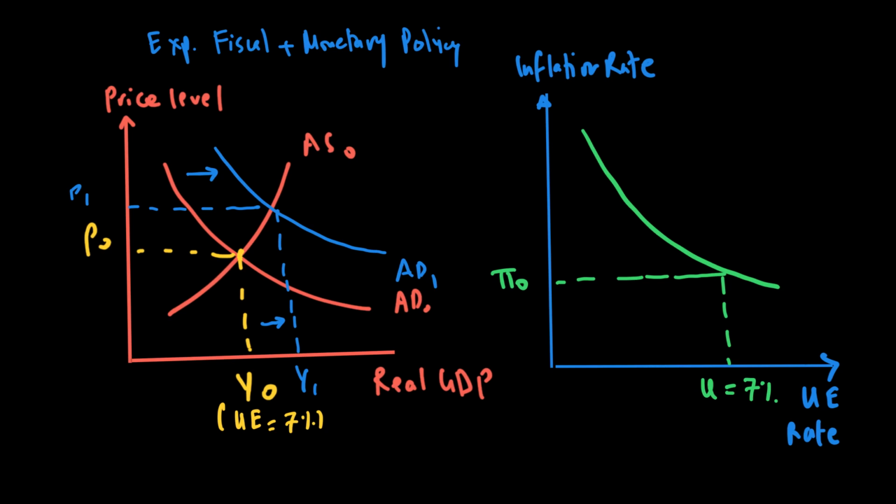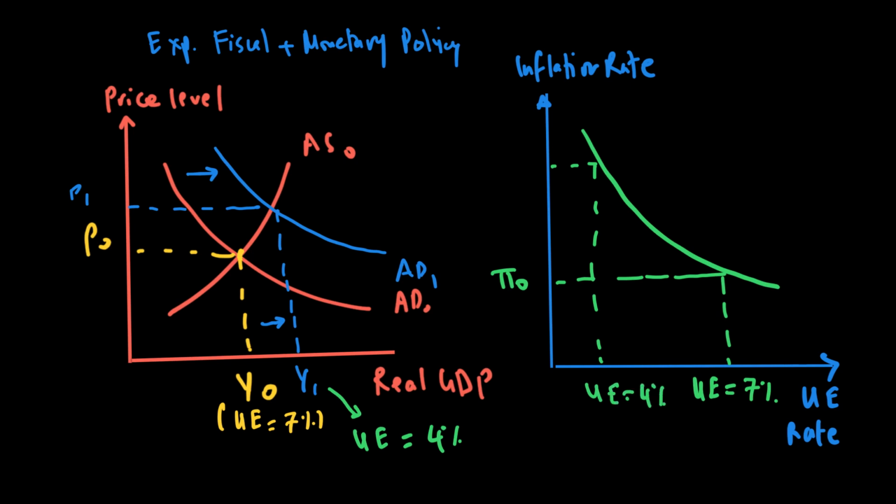But at Y1, when the GDP went up because the AD went up, the unemployment rate went to, for example, 4%. Let me change this to UE, just to have the same symbols. So this is UE, unemployment rate of 7%, and it goes to, for example, unemployment rate of 4%.